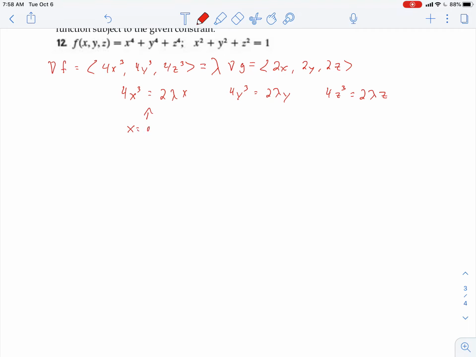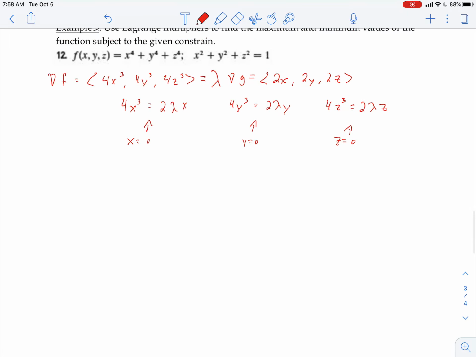If x equals 0, that solution holds. Or y could equal 0, and then that equation holds, or z is equal to 0, and that solution holds. The one thing that cannot happen is that all three of these equal 0, because of our constraint. If all those equal 0, then x squared plus y squared plus z squared could not equal 1.